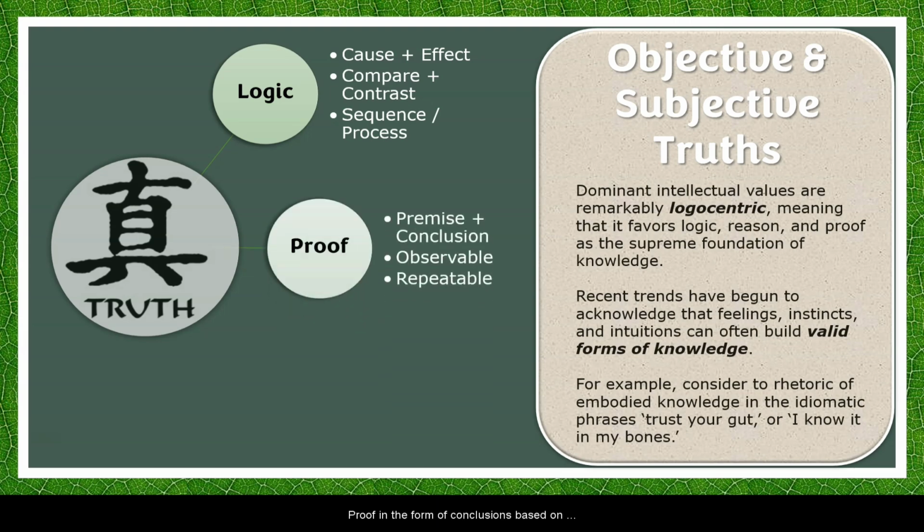Proof in the form of conclusions based on premises, proof in the form of observable data, repeatable outcomes are absolutely key to the formation of truth and knowledge.